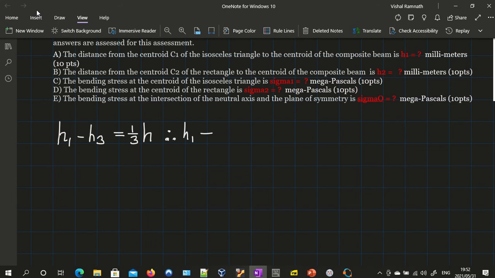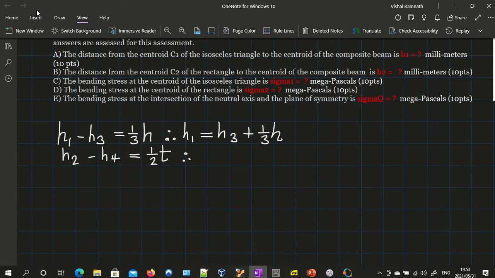Therefore, h1 is equal to h3 plus 1/3 of the height, and we have h2 minus h4 is equal to 1/2 t.